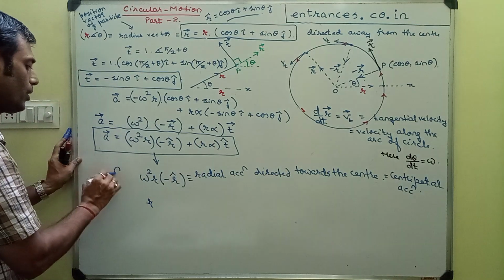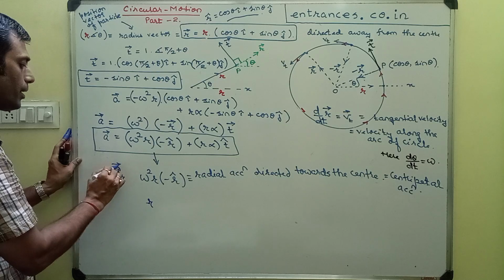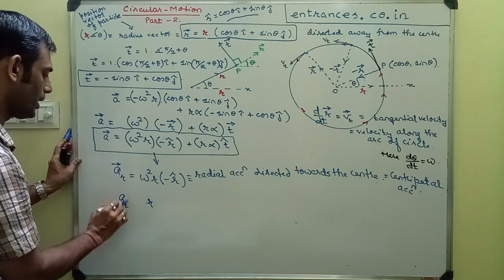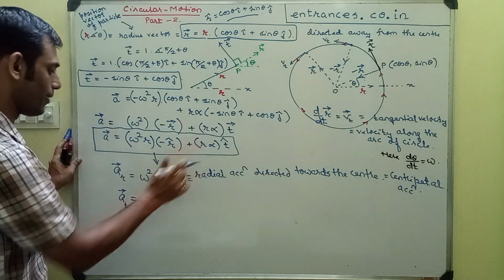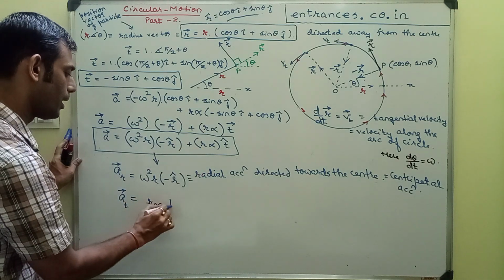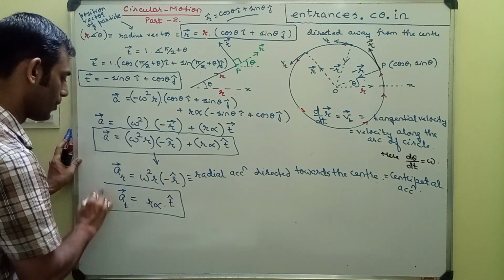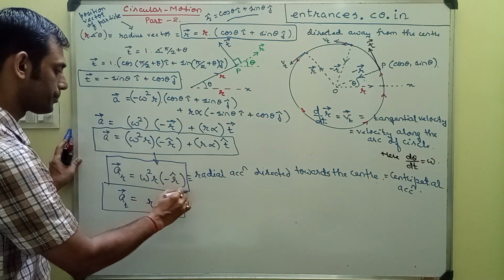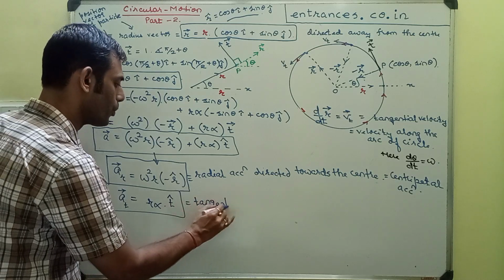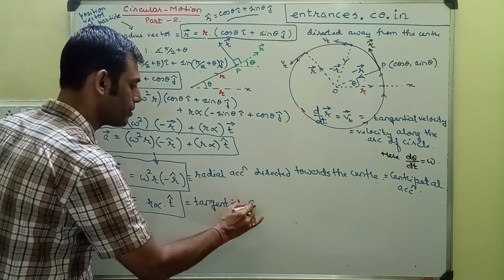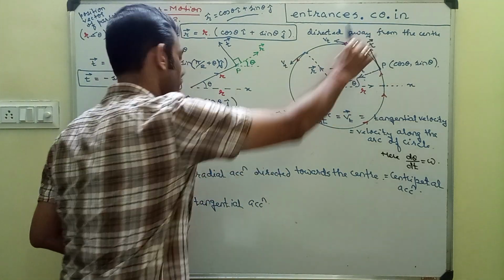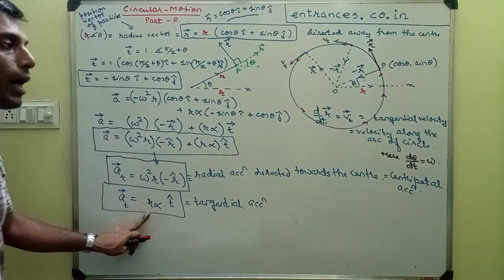And what exactly is this? R alpha, and we can call this AR, the radial acceleration. And what about this? This is the tangential, the other part, r alpha into t cap. R alpha into t cap would be the tangential component, the tangential acceleration guided along the tangent, as you can see, with a magnitude r alpha.